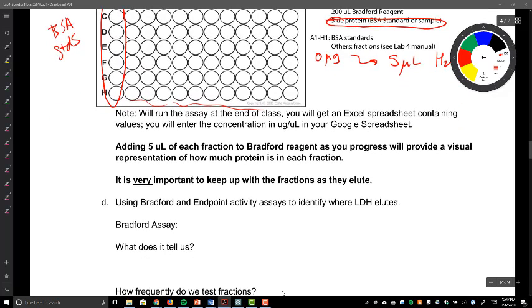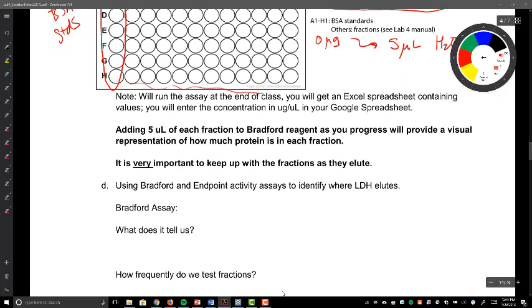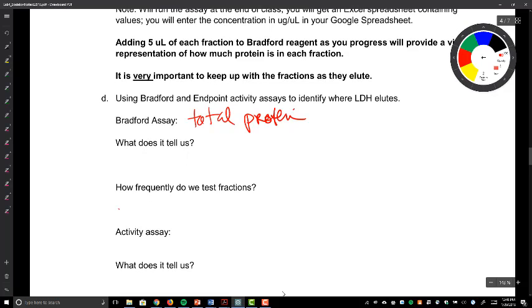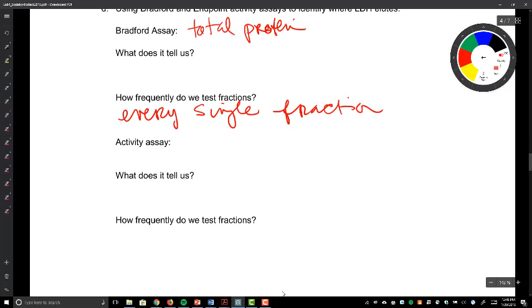Okay, so again, just to review, the Bradford assay is going to tell us the total protein. We're going to do a Bradford assay for every single fraction throughout the entire purification process. The activity assay tells us, is LDH present in that fraction?